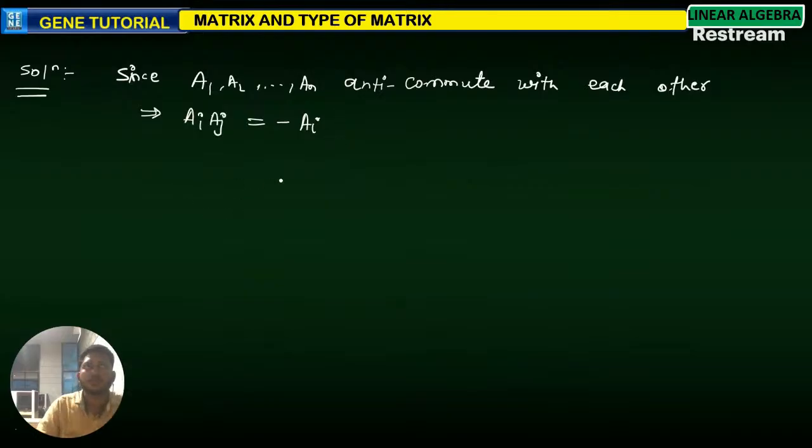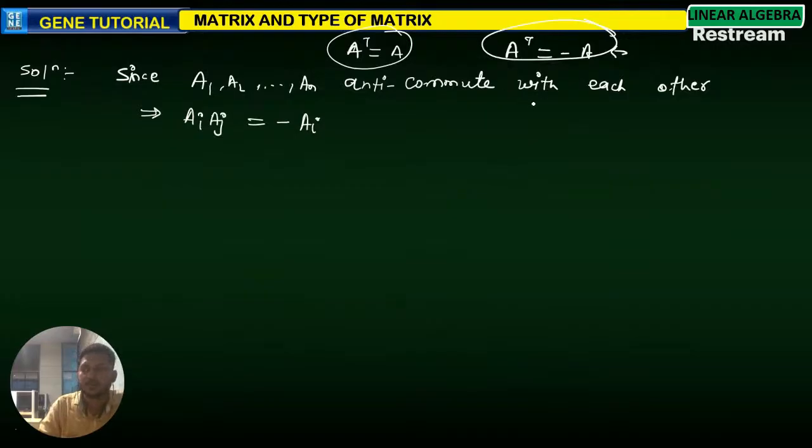So the transpose of a matrix is equal to the negative of it. A transpose equals minus A for a skew symmetric matrix, and A transpose equals A for a symmetric matrix. These are the two basic definitions.